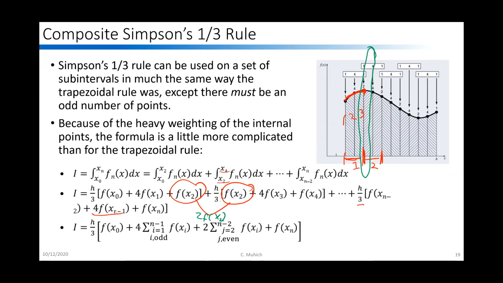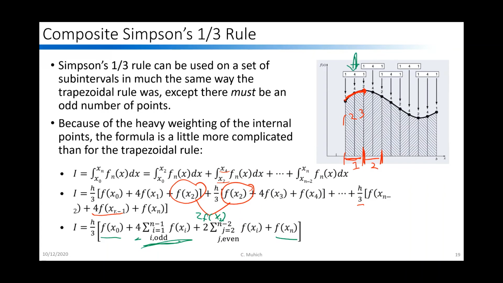So when I write this integral in a condensed form, I can pull out all the pieces that are only in there once. So this is my f of x0 and my f of xn, right? The two pieces at the end are only in there once. All of the odd indices versions have a 4 up front, right?